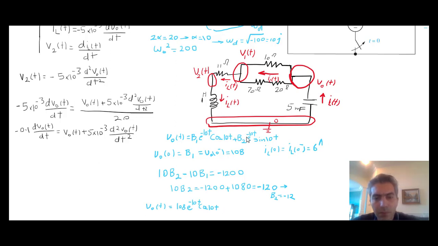So minus 12 e to the minus 10t sine of 10t. Now that we have V out of t, you can put that in any of the equations for components that we wrote and calculate any other voltage and current. I'm not going to do that, and I hope that has been helpful. Thank you.